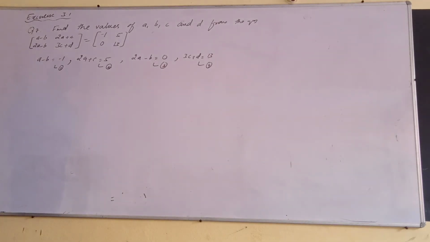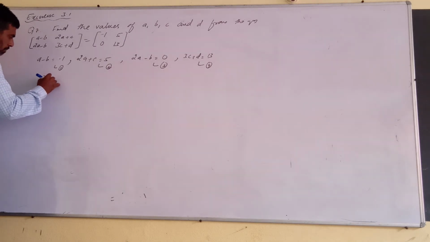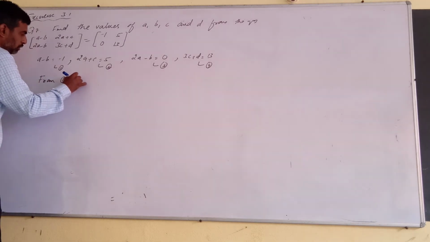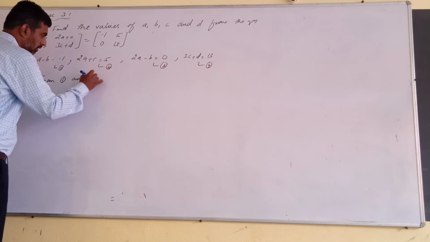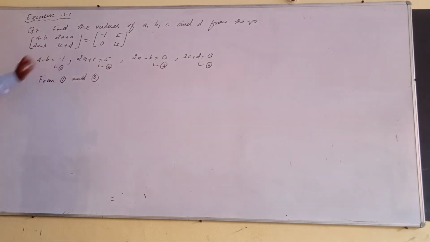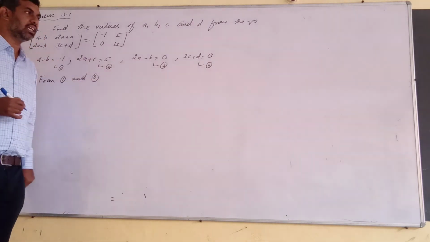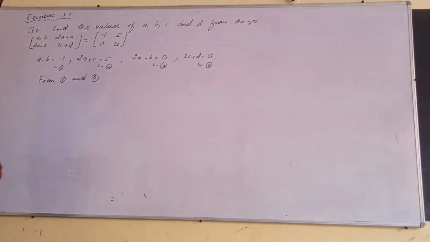Now, from 1 and 2: A minus B is equal to minus 1, 2A plus C is equal to 5. It is not possible to find any value here because the unknowns are not the same.